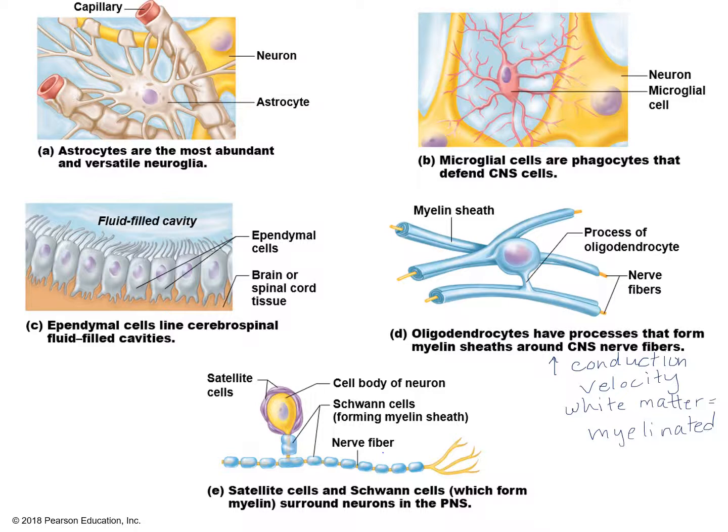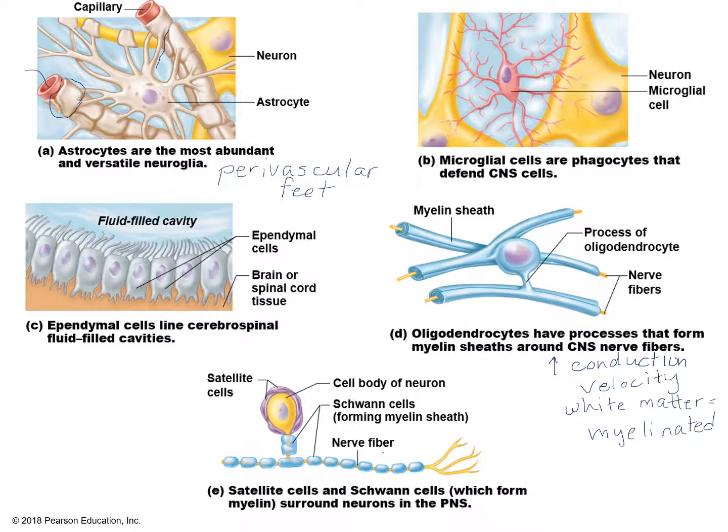Oh, and I forgot to mention with astrocytes, one of their main functions is to form that blood-brain barrier. So they have extensions called perivascular feet, which is essentially what you're seeing here. They are going to wrap around capillaries. So capillaries are the exchange vessels for the cardiovascular system.